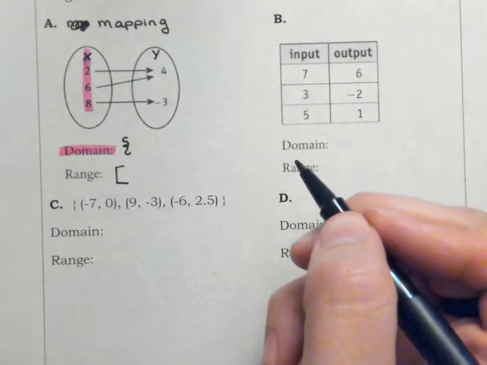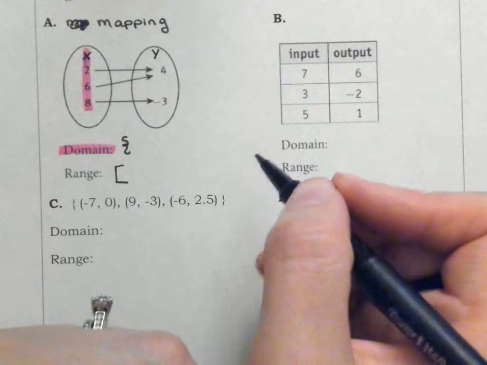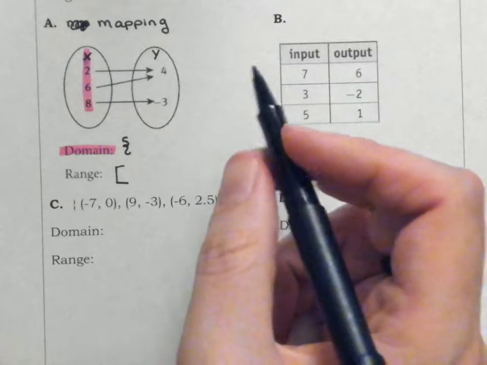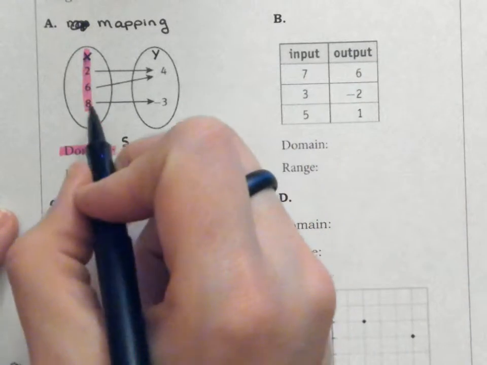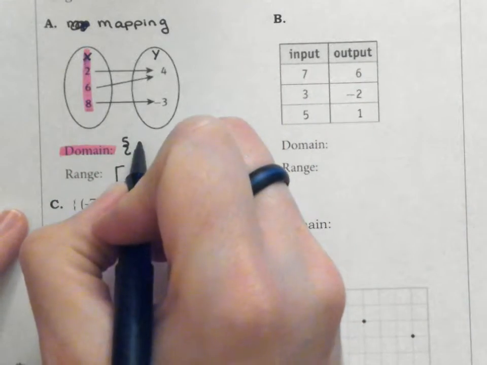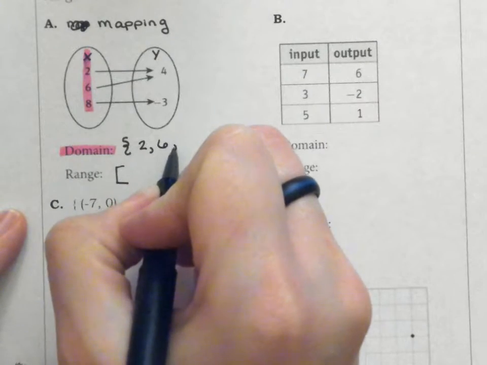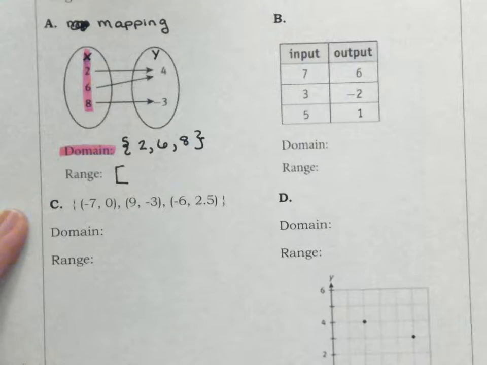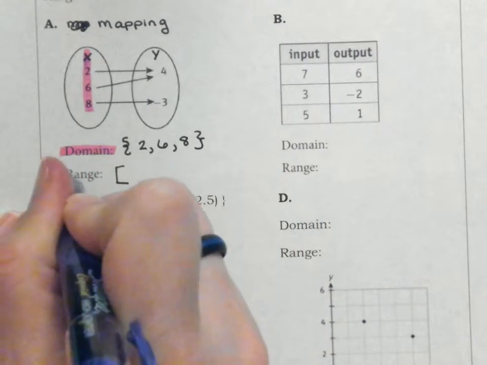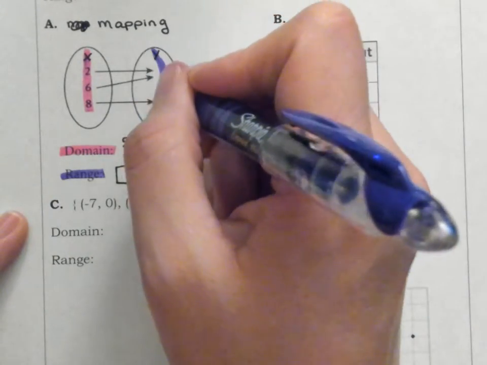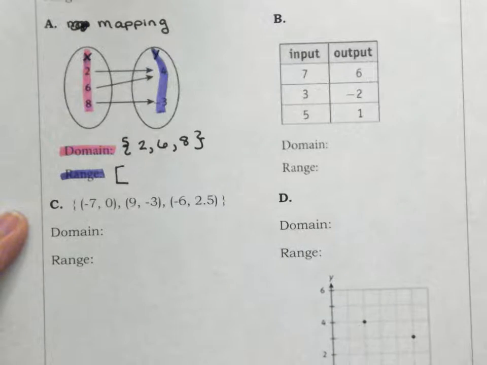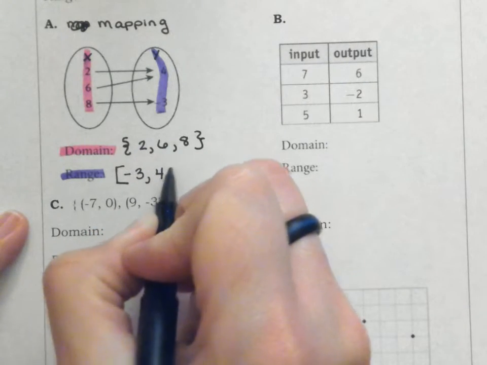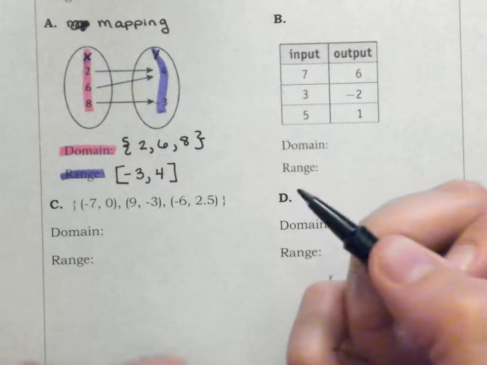But you have to put brackets. If you put parentheses, then you're writing an ordered pair, or you're multiplying, which we're not doing here. We're writing a list of numbers. And we usually write them in numerical order, smallest to largest. And the range is a list of all your y values. So that's here. And I have -3 and 4, and that's it.